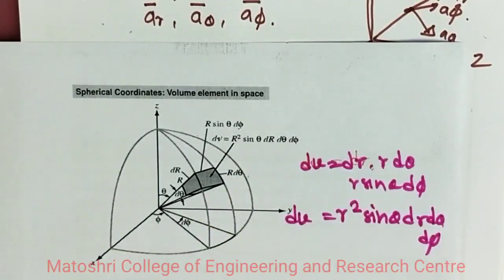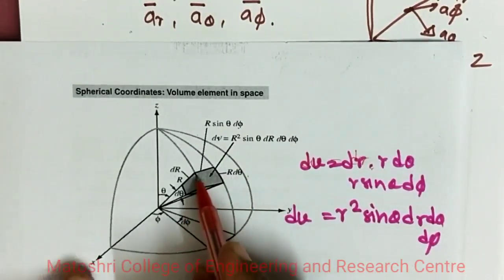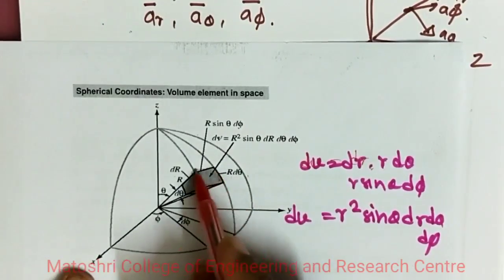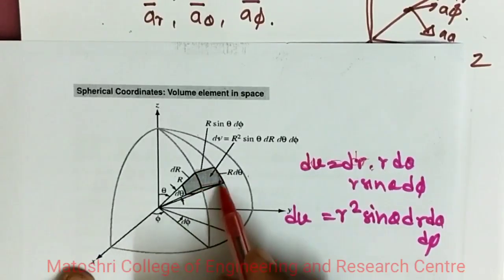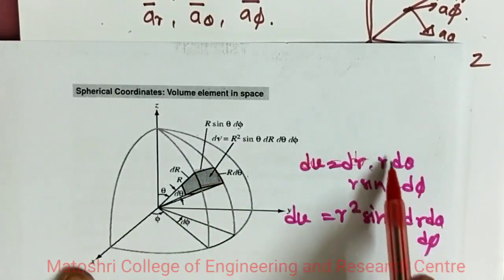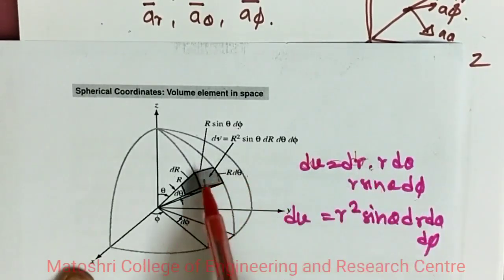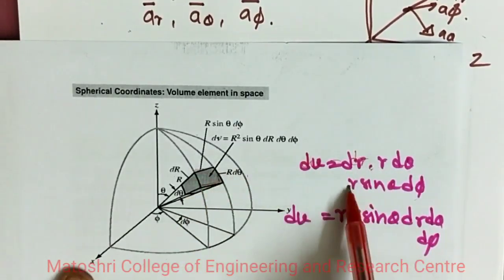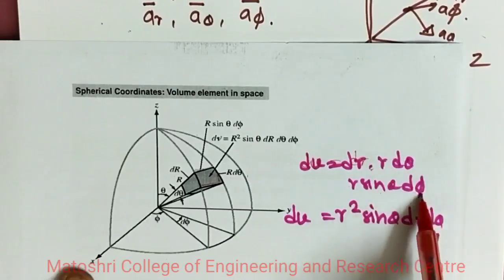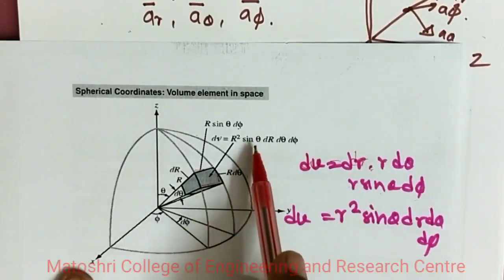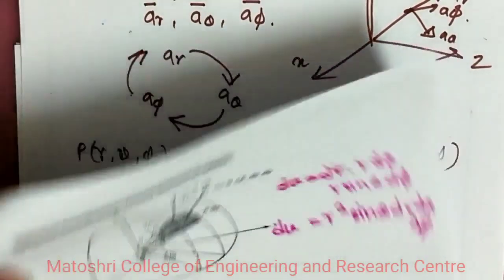Similarly, we are able to have the differential surfaces. On this top surface, the radius remains constant, and we vary only the remaining two components, r d theta and r sine theta d phi. The front surface is then r squared sine theta d theta d phi, with direction plus a r. Now we consider the differential surfaces.